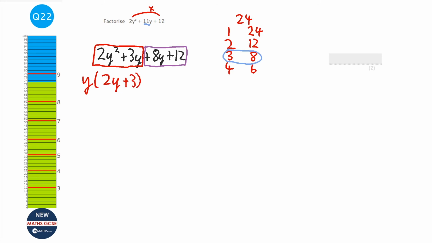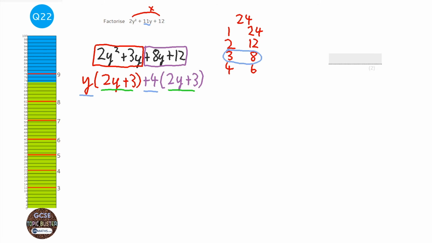And here there's going to be 4, so 4, 2y plus 3. Now if you've done this correctly, the two brackets here and here should be the same, and you should end up with a letter and a number there.